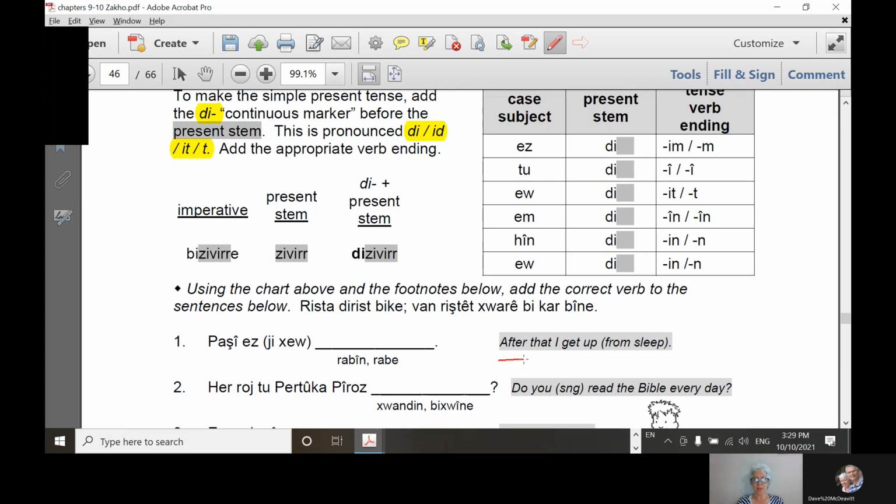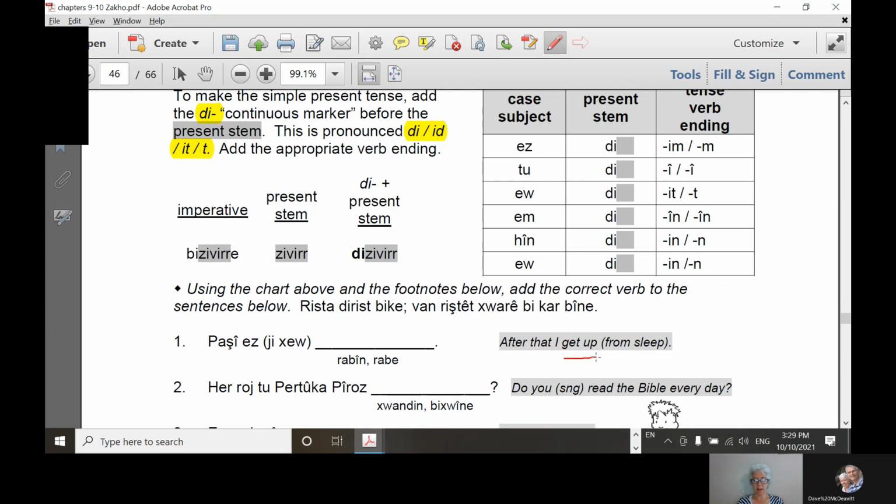So after that, I get up from sleep. All right, so the subject of my sentence is I. Let's find that. Here it is, az. From sleep is this little prepositional phrase. Okay, so our focus is on get up.